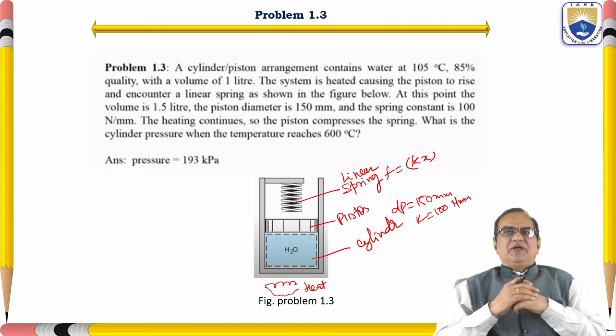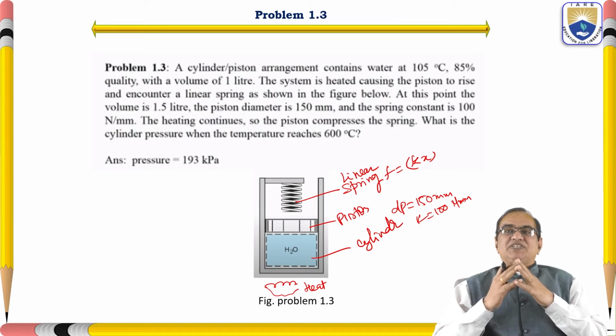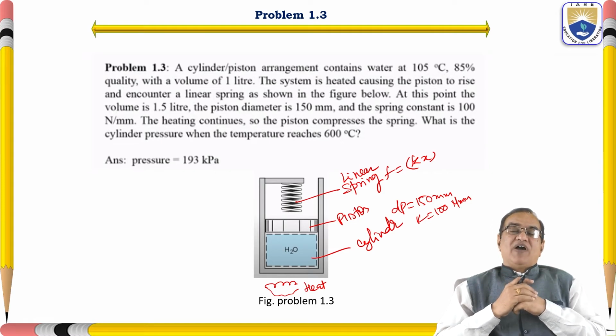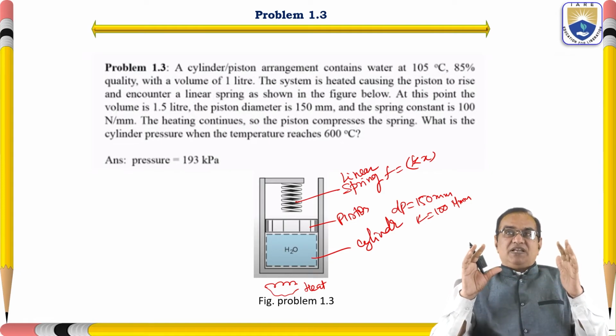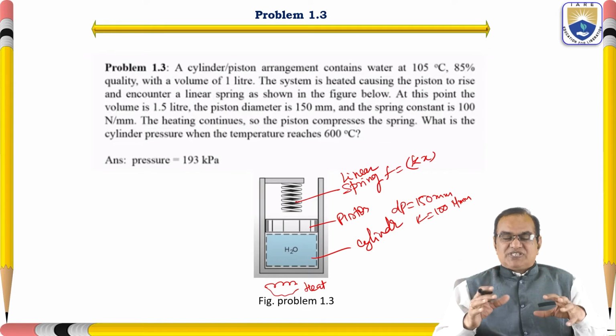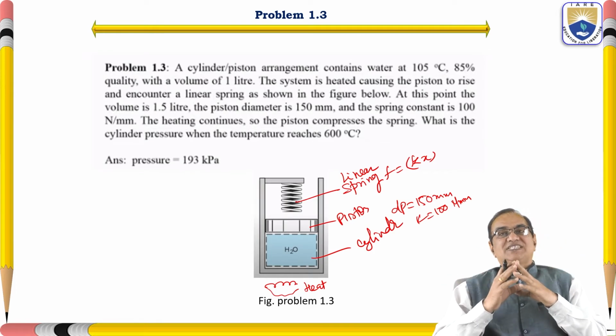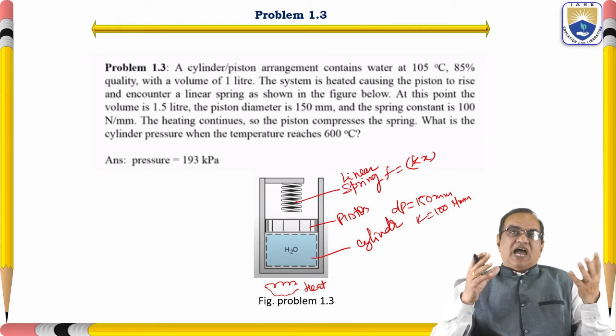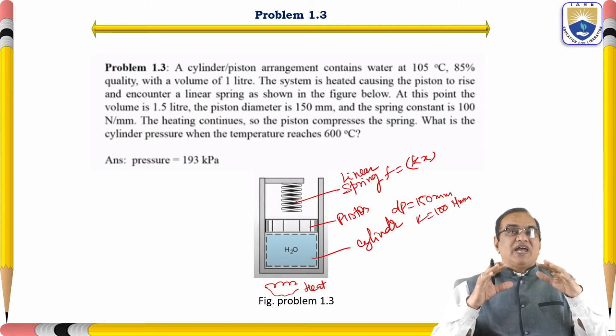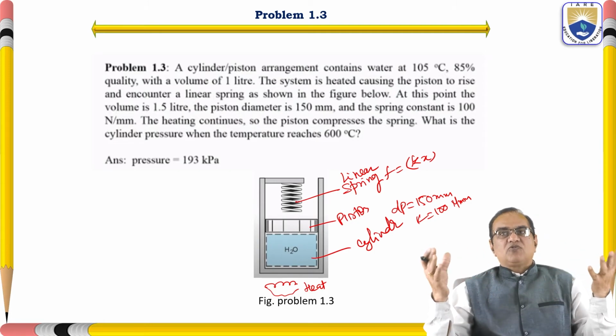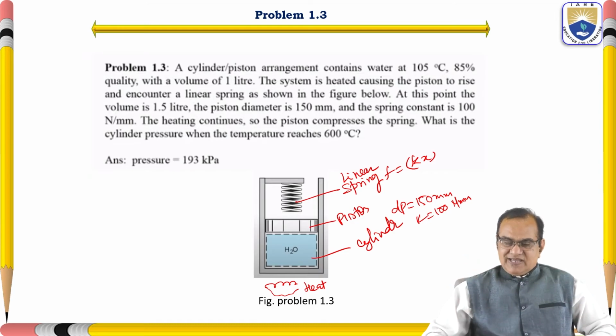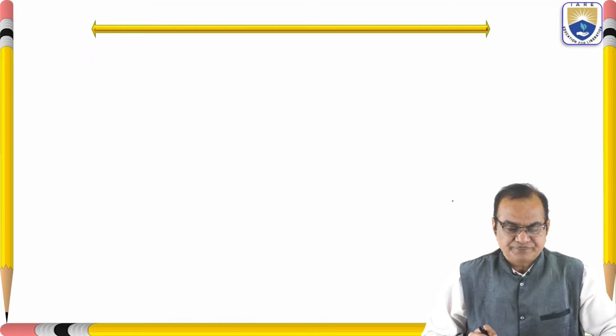What is the cylinder pressure when the temperature reaches 600 degrees centigrade? So we have to find out the pressure when the temperature of this cylinder reaches 600 degrees centigrade. I have given the answer. The pressure is 193 kilopascal. This we have to find out by our solution of the problem.